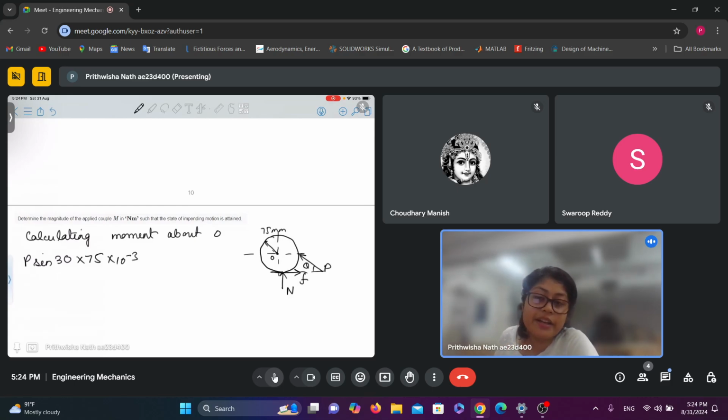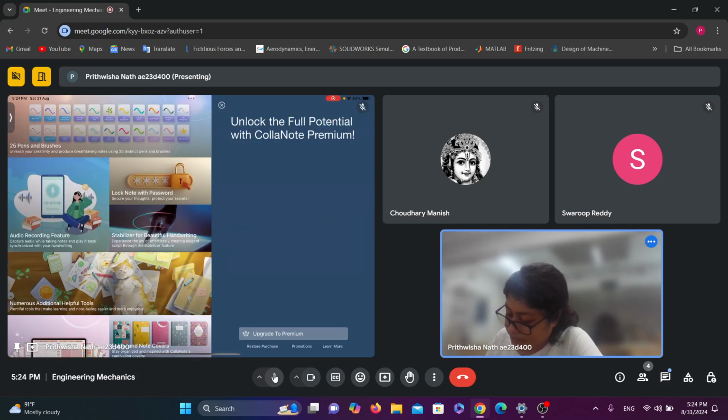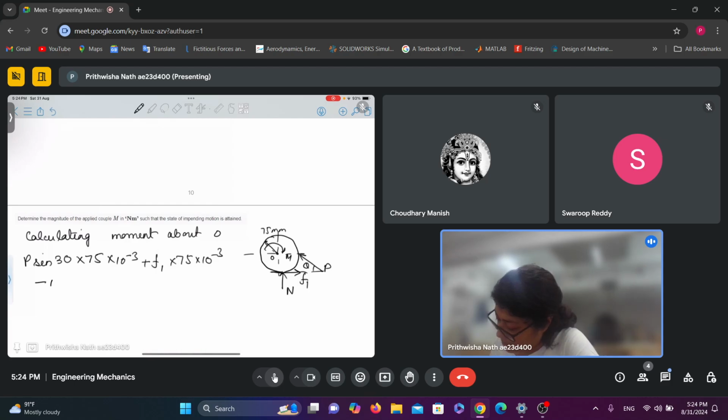We are asked to find it in Newton meter. And F1 is causing an anticlockwise moment, so this is also positive: F1 into 75 into 10 to the power minus 3, and the moment M is in clockwise direction, so this should be minus M equal to 0.